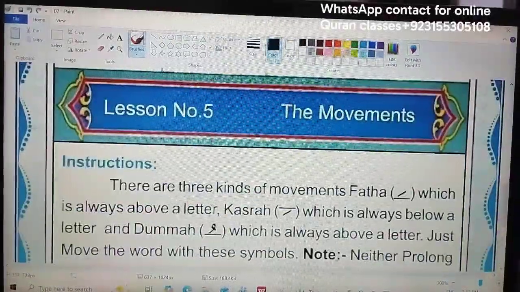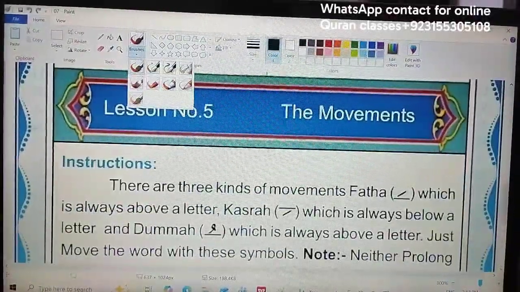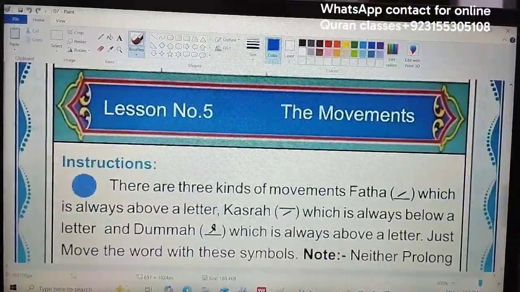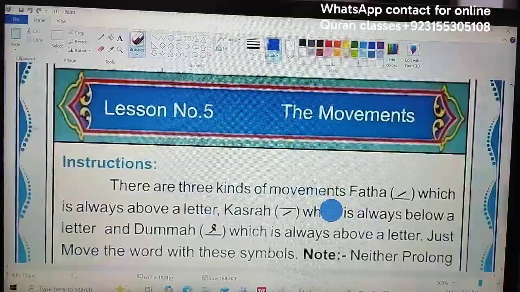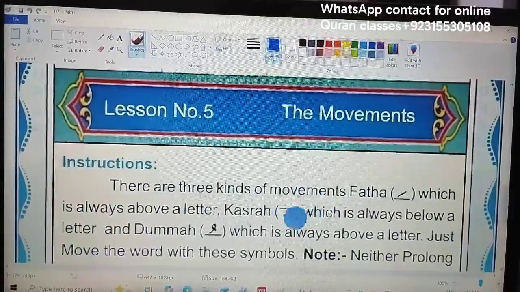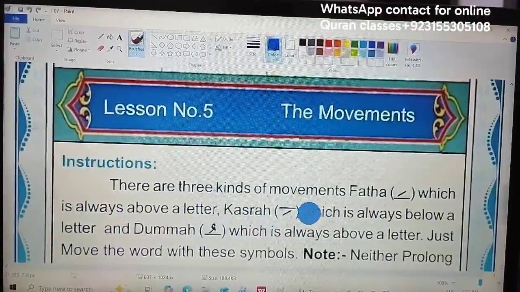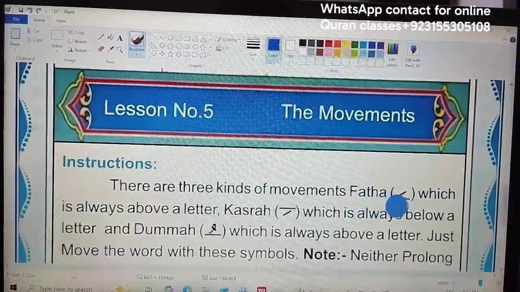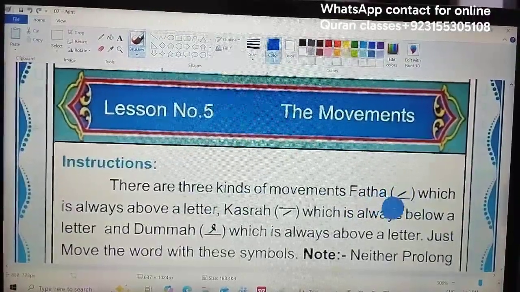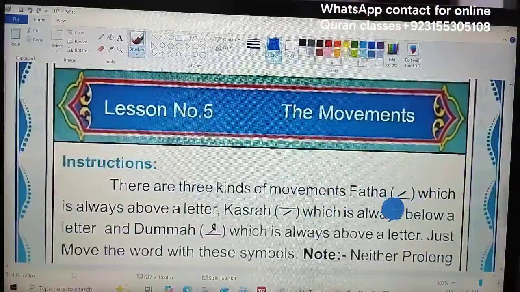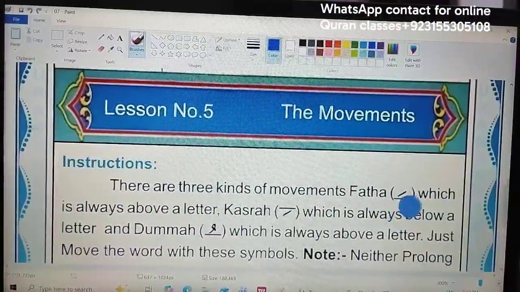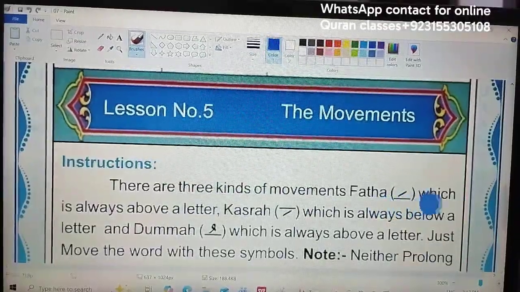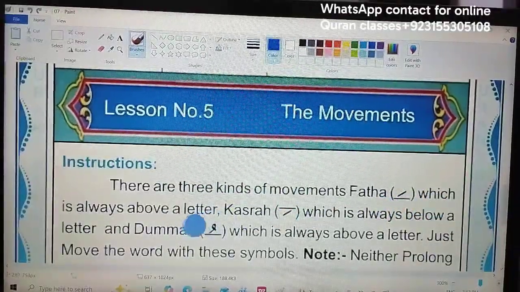In the instruction, we read the instruction here. There are three kinds of movements. First one is fatha. You see the shape of fatha is this one, the line, which is always above a letter.